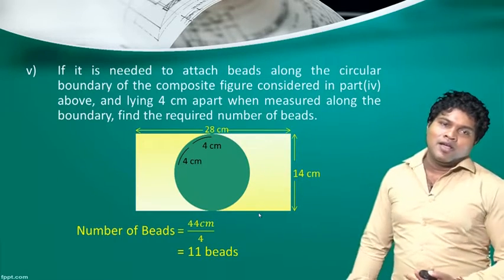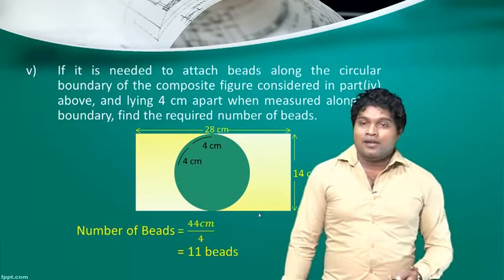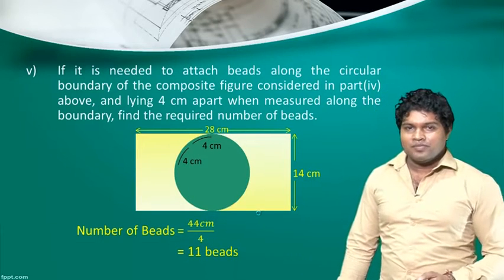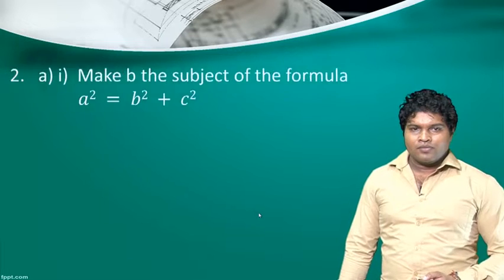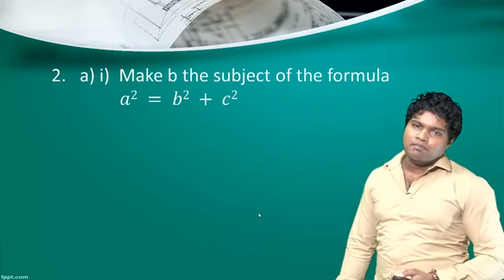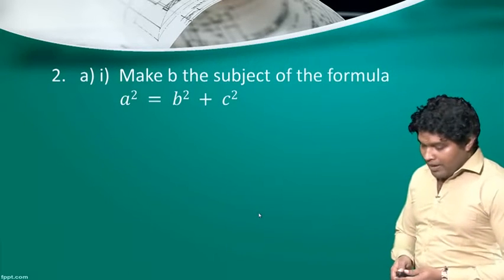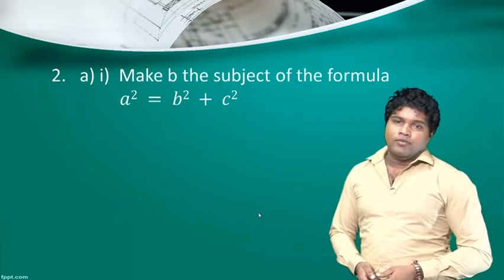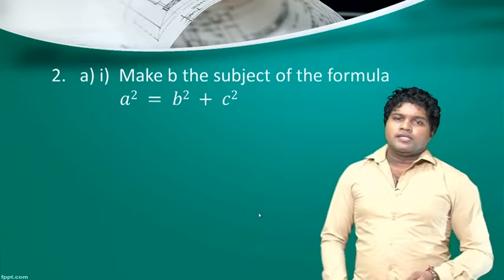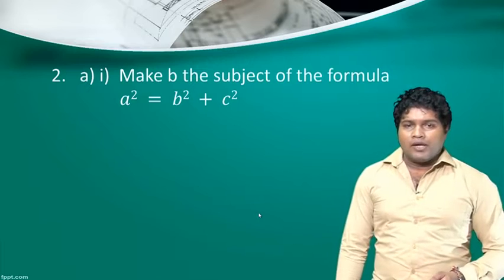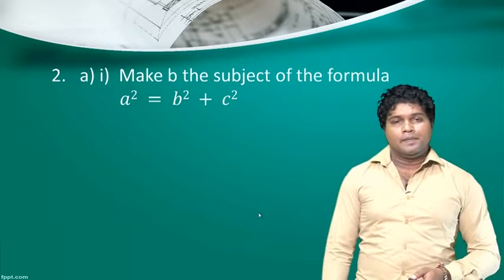Okay, my dear students, we shall consider the next question. Make B the subject of the formula. You can see the formula first: A squared equals B squared plus C squared.